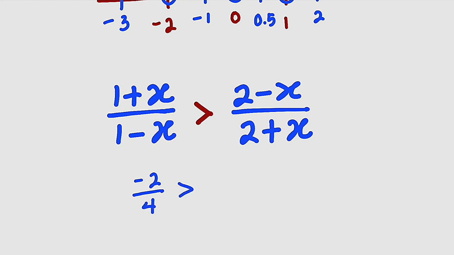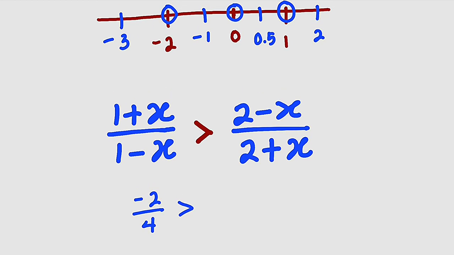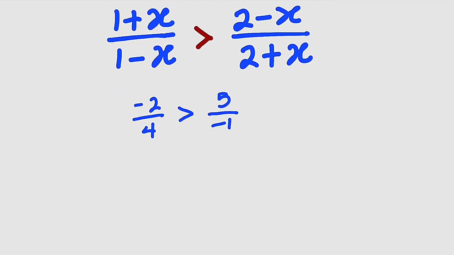If this is greater than, you test for the other one. 2 minus negative 3 is 2 plus 3, which is 5, divided by 2 plus negative 3, which is minus 1. If you simplify, you have negative 1 divided by 2 greater than negative 5.